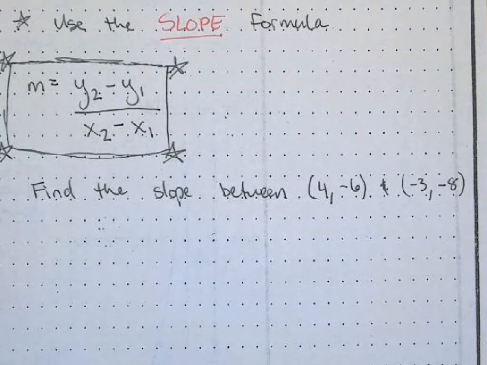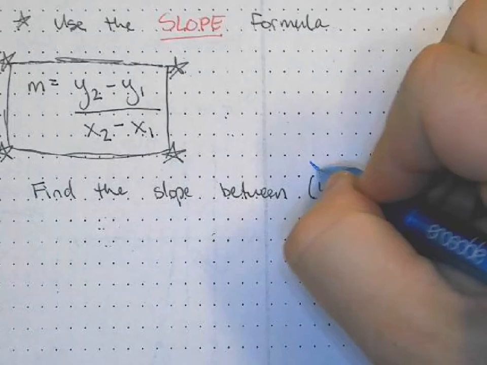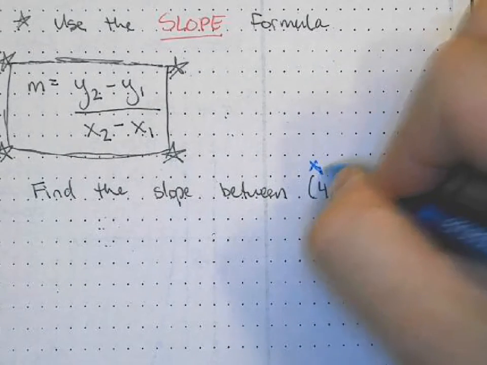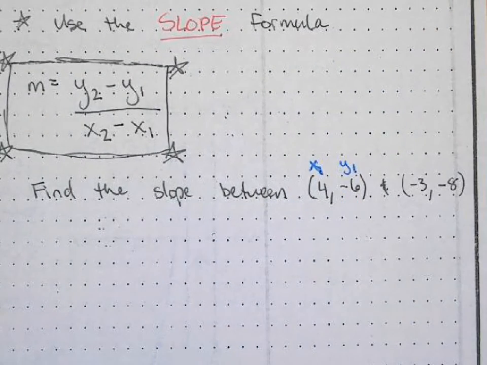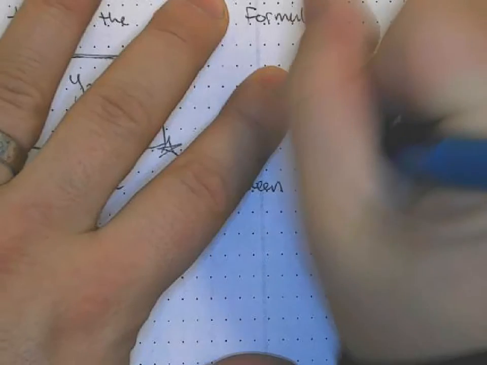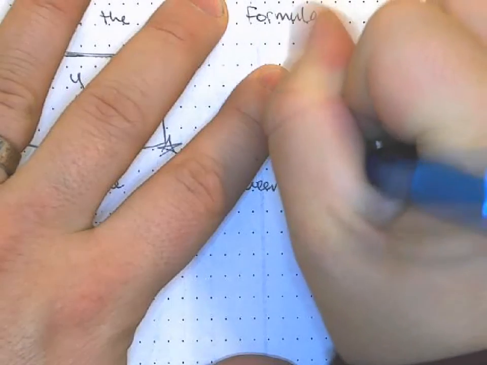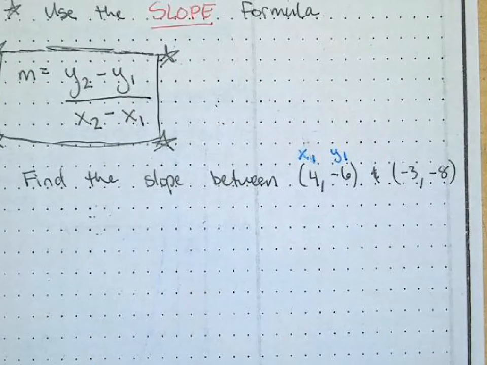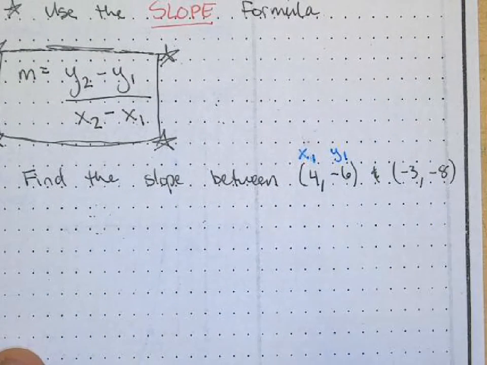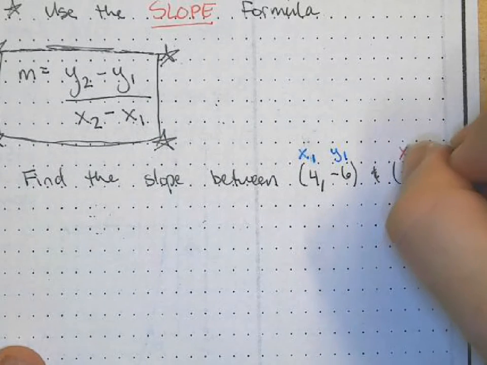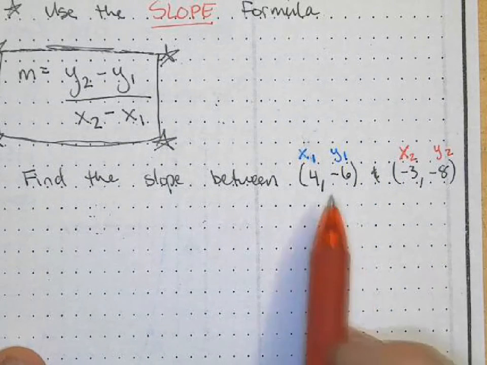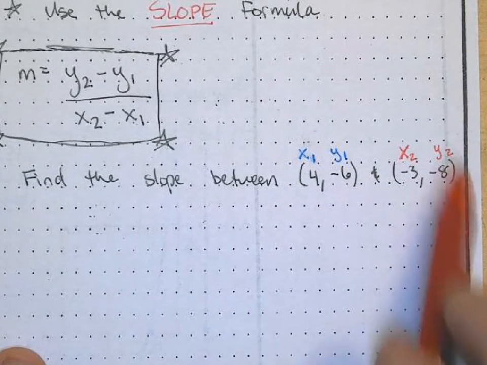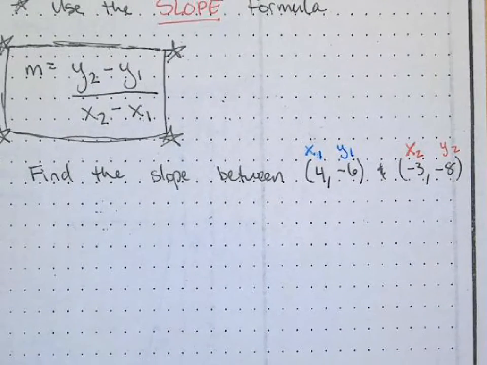So this is my first point, so I'll label those as my first x and y. So I'm going to say this is my x1, this is my y1. And then I'll label this my x2 and my y2, only because it's coming second. My first point, x1, y1. My second point, x2, y2.